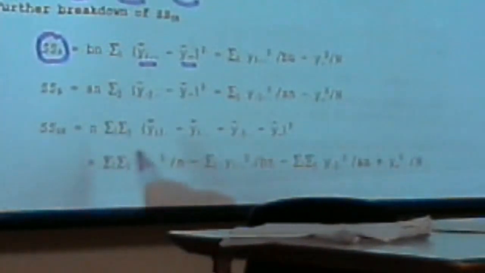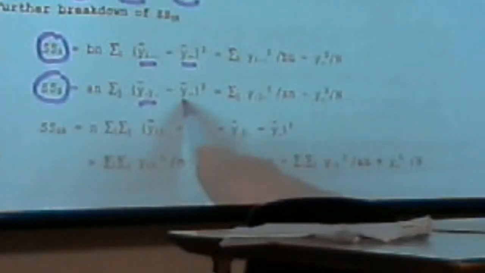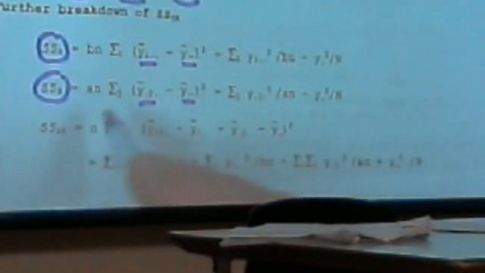Now we go further and say, let's define three more sums of squares. A sum of squares A, defined in terms of the row means, different from the overall mean. Square those, add up, put a coefficient in there. Sum of squares B for the columns, take the column means minus the overall mean, square those, add up, put a coefficient in front.